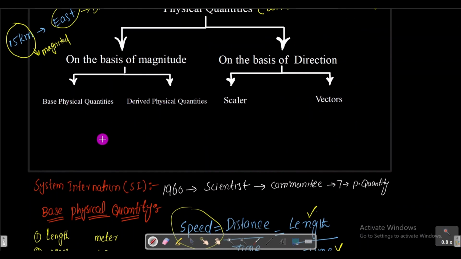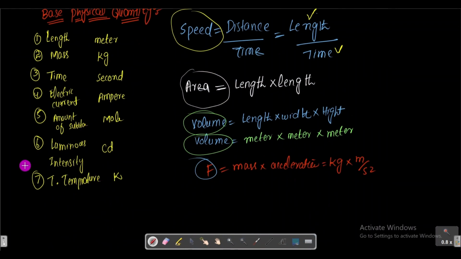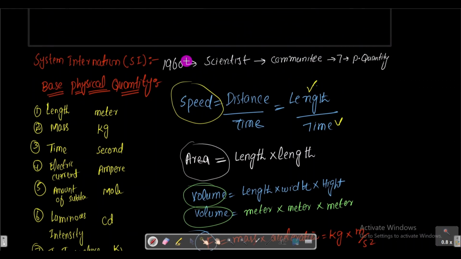And there are some other quantities which are not present here explicitly. Let's say we have speed, and speed is not present in the base physical quantities, but speed comes from the division of length and time. So there are other physical quantities which are not present directly, but they are made indirectly from these base physical quantities.